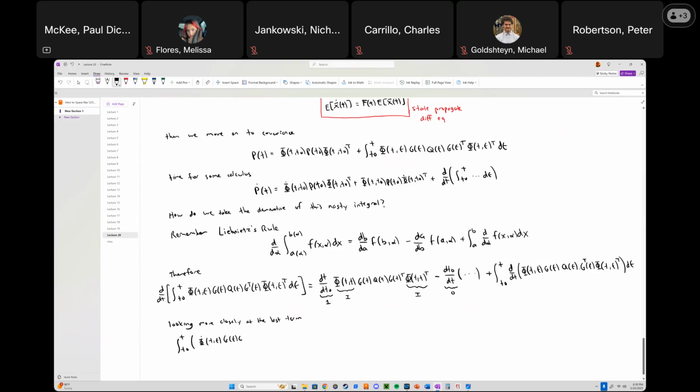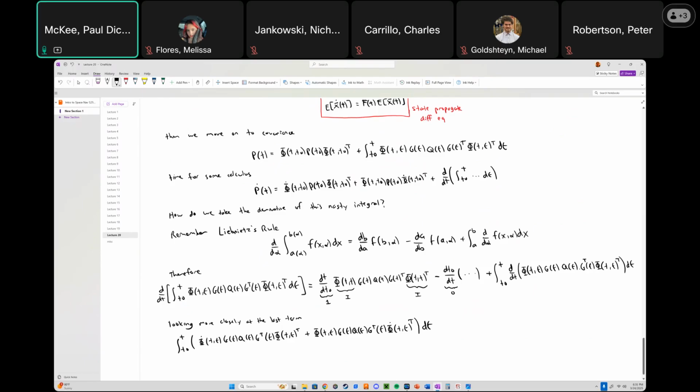So g of epsilon, q of epsilon, g transpose of epsilon, phi t epsilon transpose, plus phi t epsilon, g of epsilon, q of epsilon, g transpose epsilon, and then here's our phi dot t epsilon transpose, and then close d epsilon.